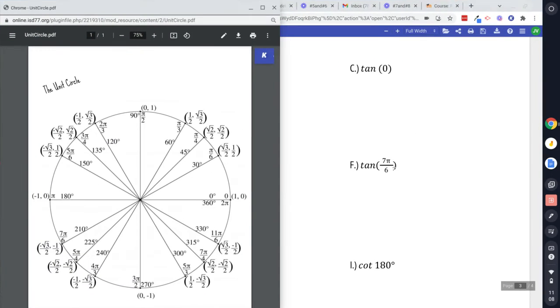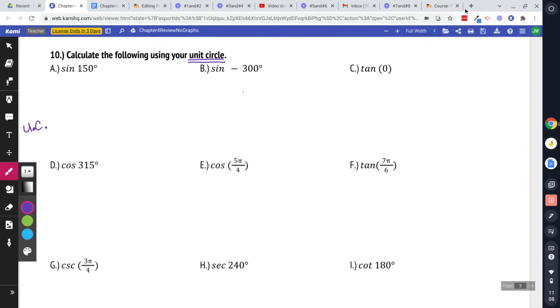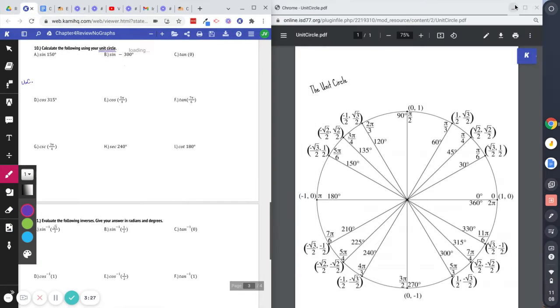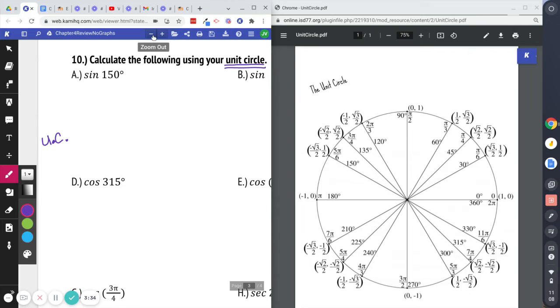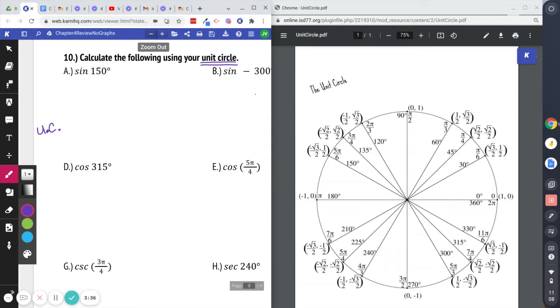We are going to make this work. More like this. And that's itty-bitty, so I'm going to make it a little bit bigger. That's close enough. Okay, so sine 150.